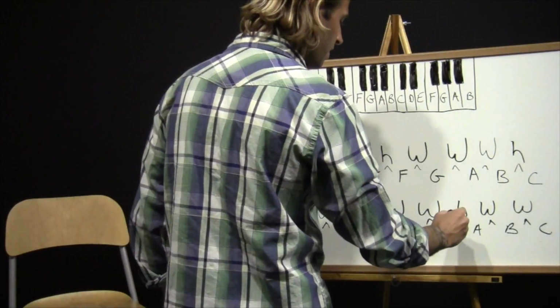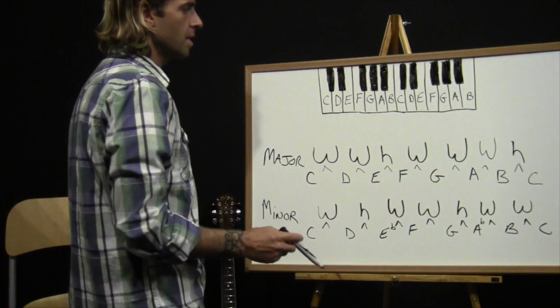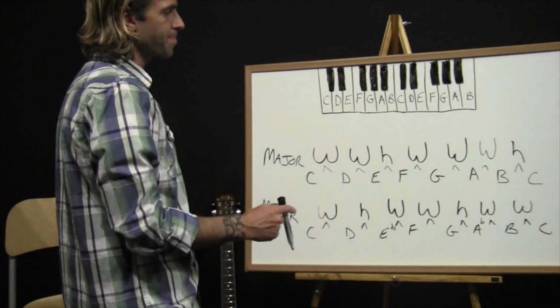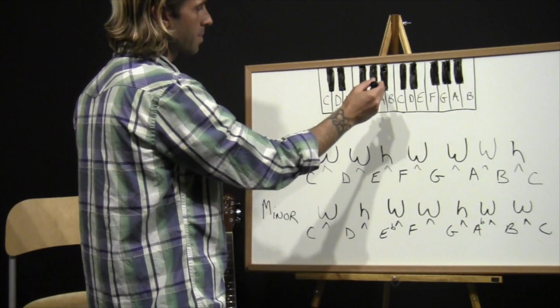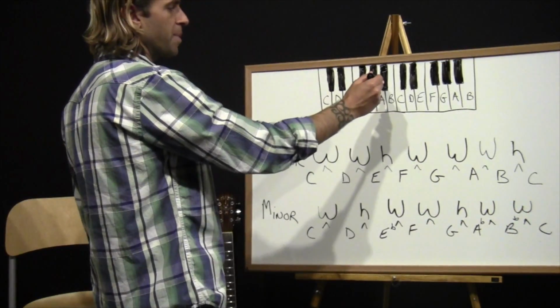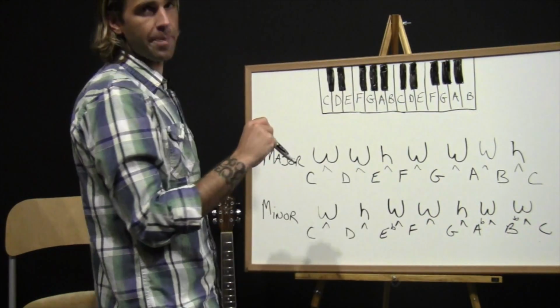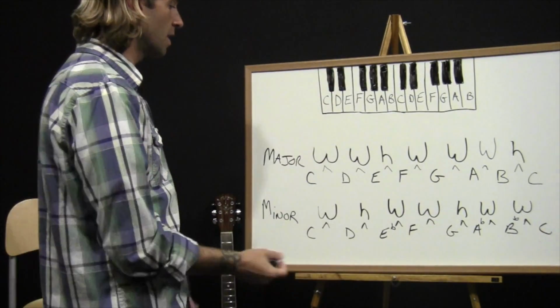So we have ourselves an A flat. Now we're at the A flat, and we have to do a whole step. So A flat brings us to a B flat. We're at the B flat, we require one more step. It's a whole step, so we're here. 1, 2, brings us perfectly home to C.